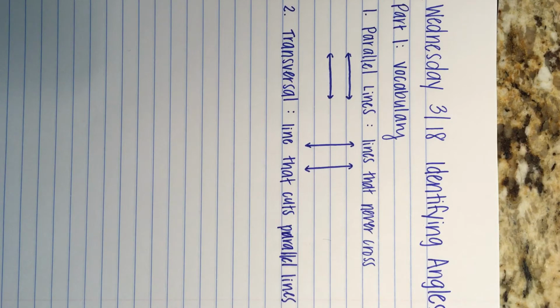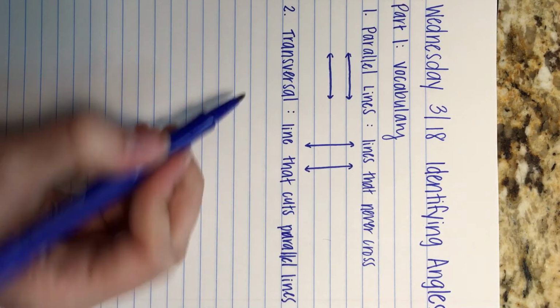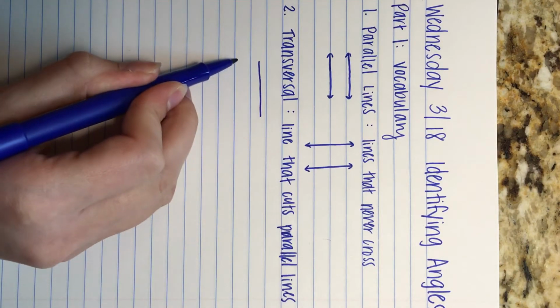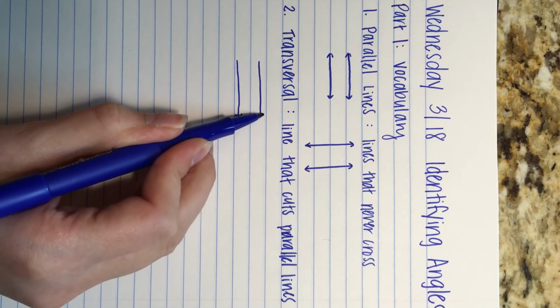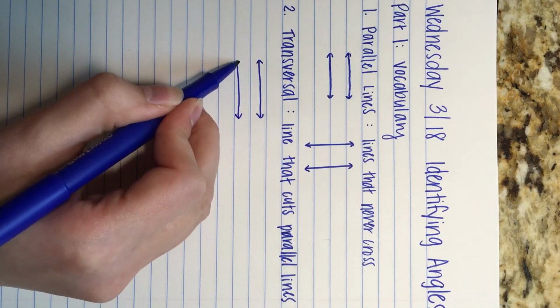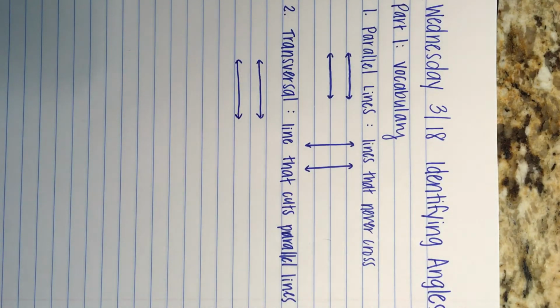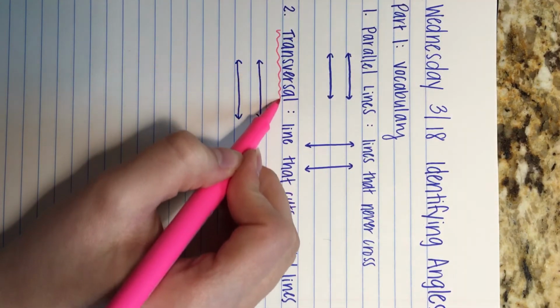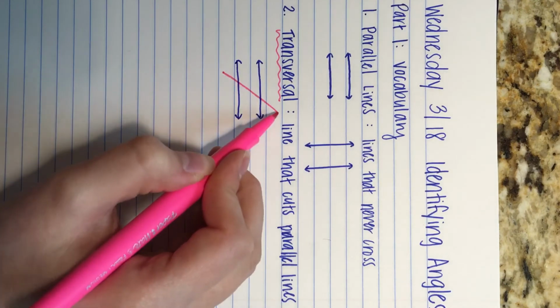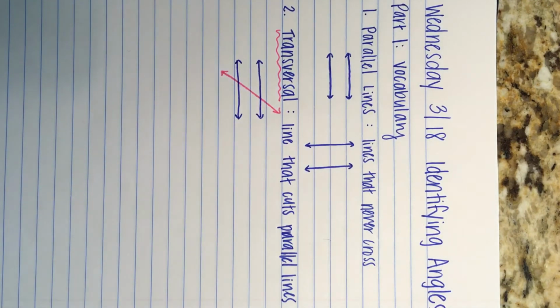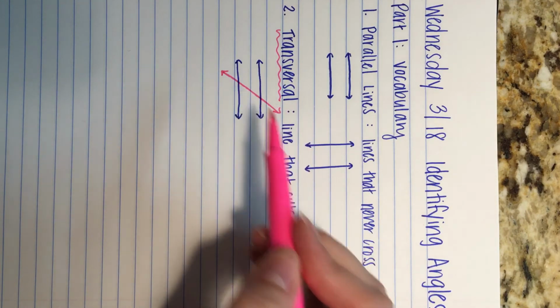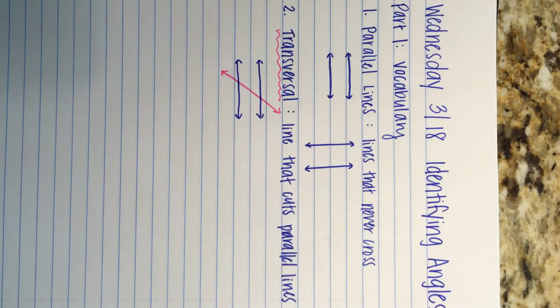Almost misspelled parallel there. So for example, again, we've got our parallel lines. I think my first 2 sets were better. Got my parallel lines here. So the transversal, I'm going to do it in pink. Boom. Notice how it's a line that cuts these parallel lines. It doesn't matter if I had drawn it this way, it's just a line that goes through both of them.